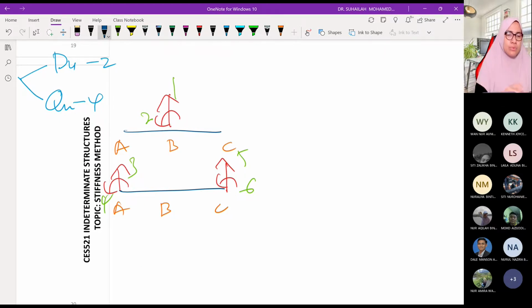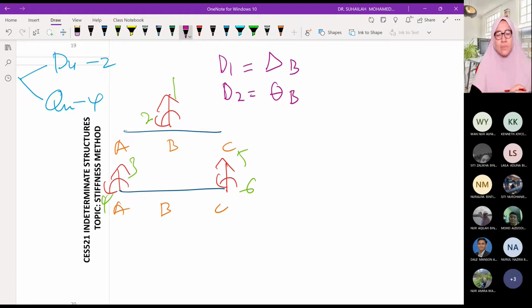We have to be able to see the physical meaning. What is D1? What is D2? D1 is delta at B. D2 is theta at B. The rest are unknowns that we want to calculate.